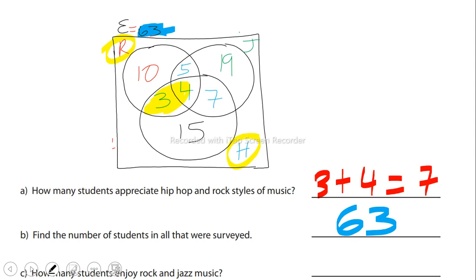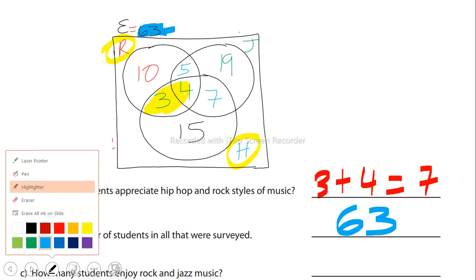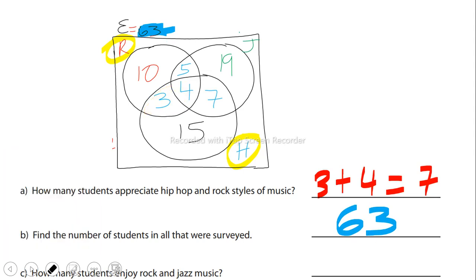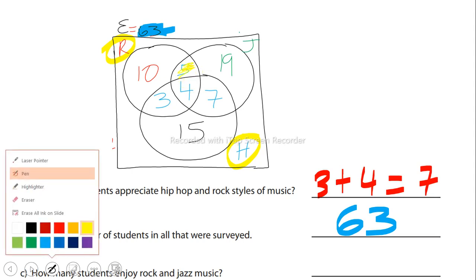Okay. C says, how many students enjoy rock and jazz? Rock and jazz. Is it 9? Sorry, my bad, let me see, 5 plus 4.